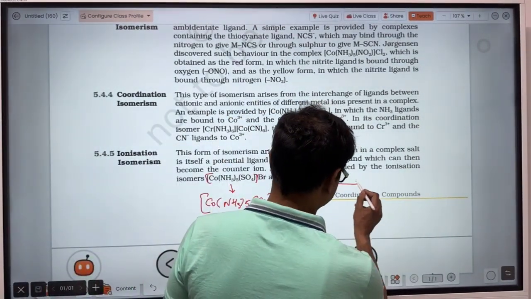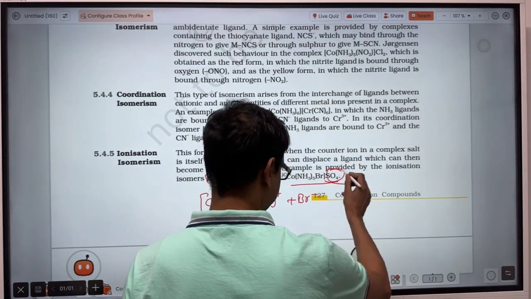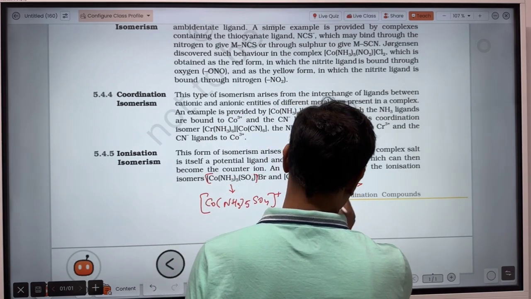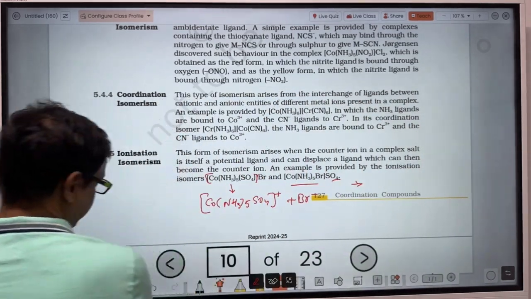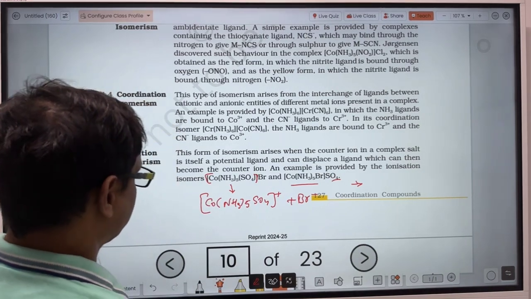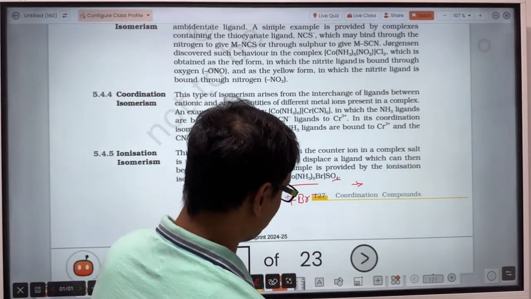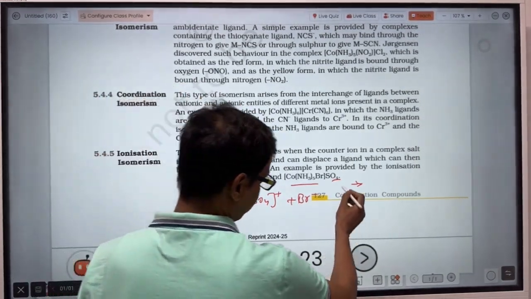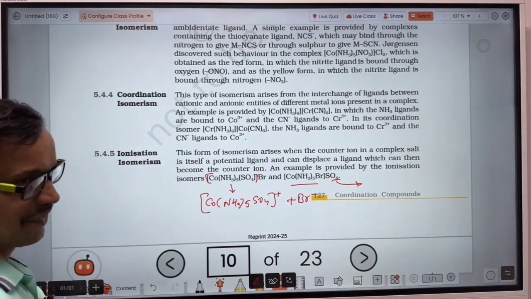And in this compound, when it dissolves, sulfate ion is outside the square bracket and bromide ion is inside the square bracket. That means the bromide ion is bonded to the cobalt through covalent bond, while the sulfate ion is bonded to the cobalt through ionic bond.